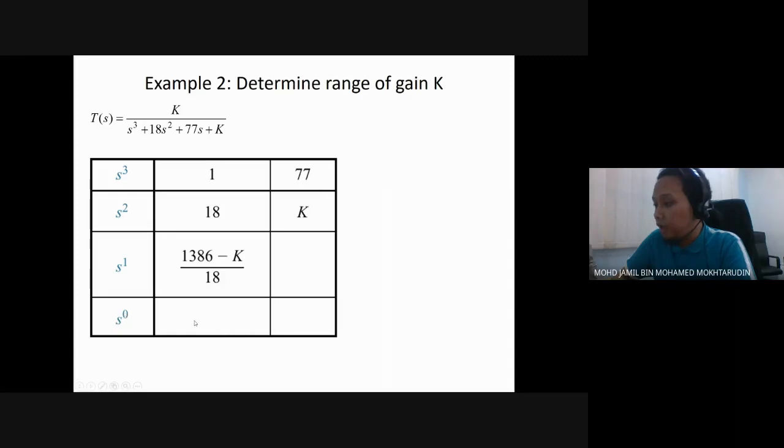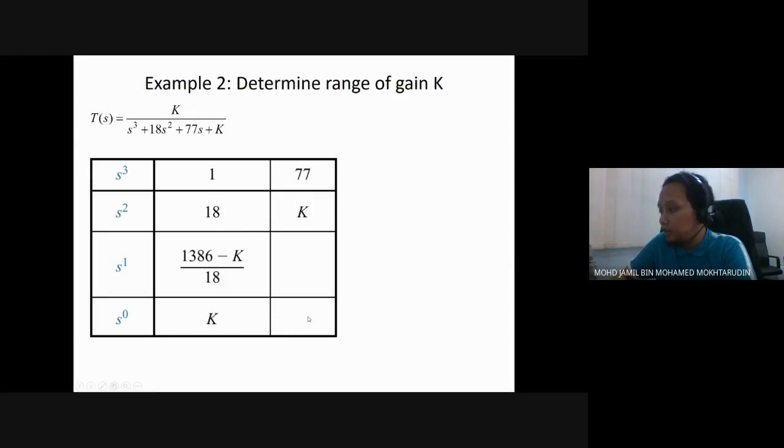You take 18, the value 1386 minus K divided by 18, K and 0, and put negative divided by this value. When you do all that, you will get K.